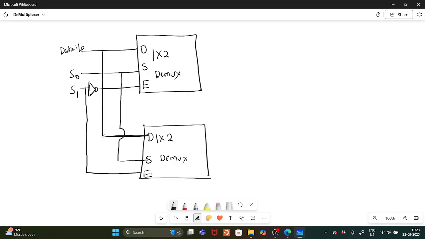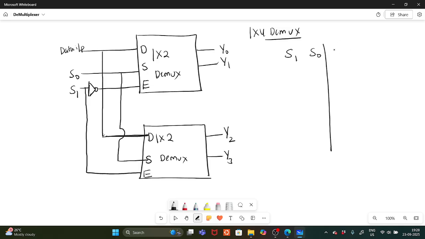Okay. So how can we analyze? Here we have already seen the truth table for the 1 cross 4 DeMux. So how many lines will you get? This is Y0, Y1, Y2 and Y3. So we already saw the truth table: S1, S0, next Y0, Y1, Y2, Y3.